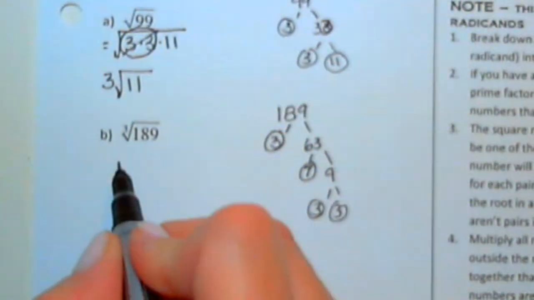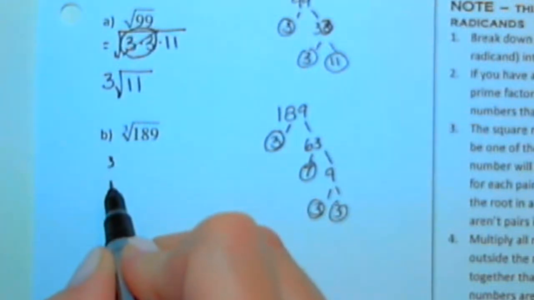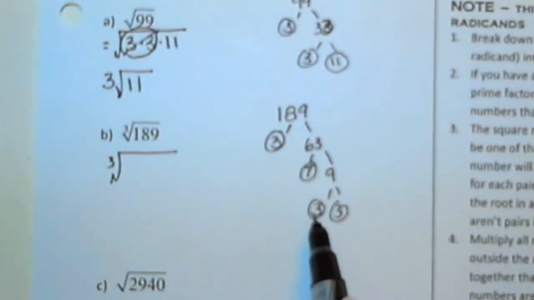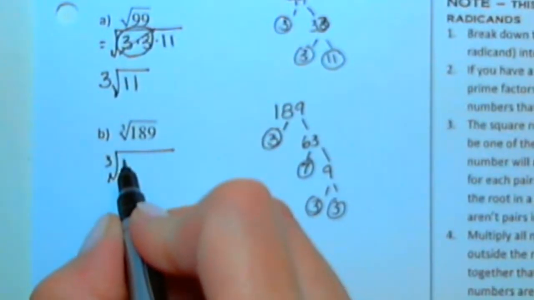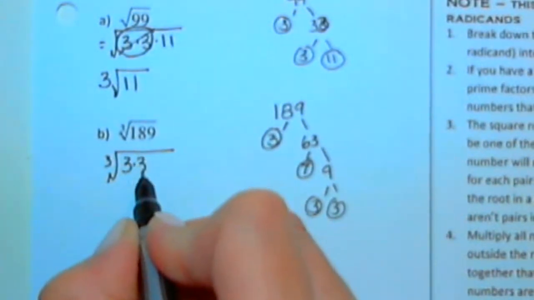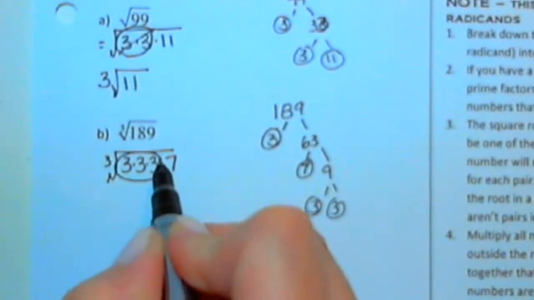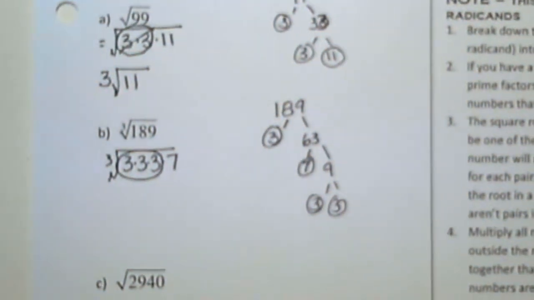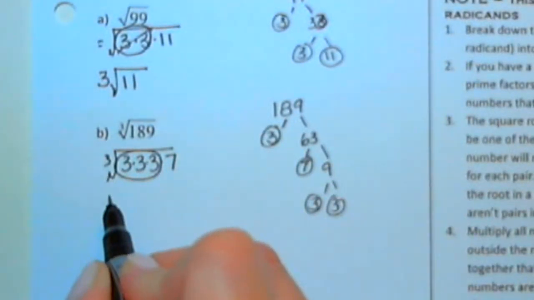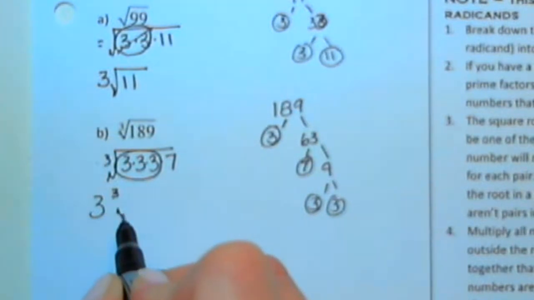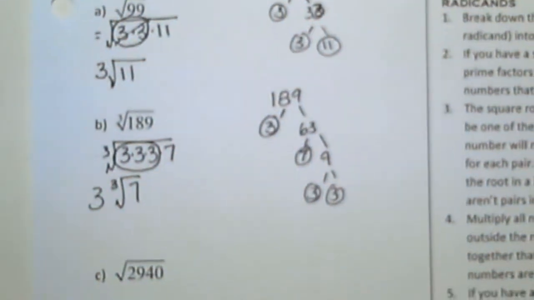So what do we have here? We have the cube root. I'm going to switch the order of this a bit. I have 3, 3, 3, and a 7. So I will put a 3, 3, 3, and a 7 for a cube root. Look for a triple. Let's pull this triple out as 1 for a cube root. 3 cube root of 7.